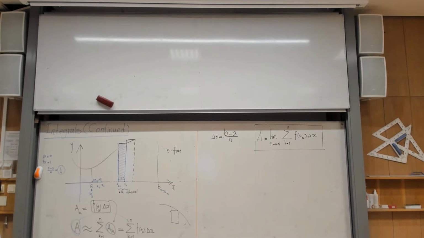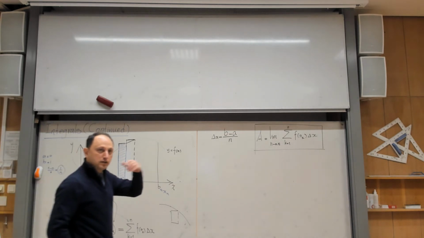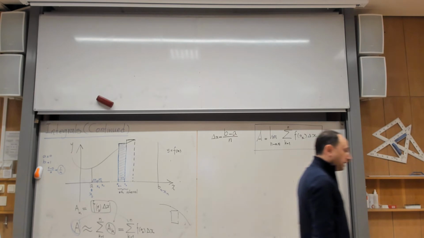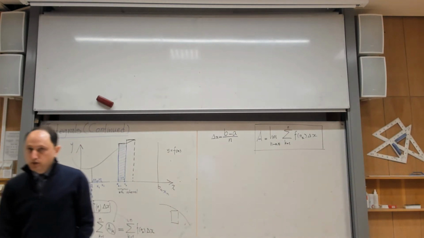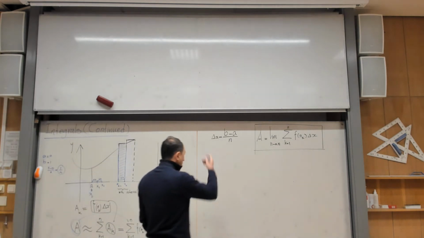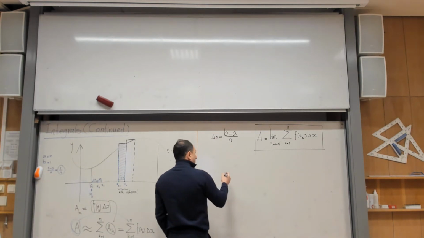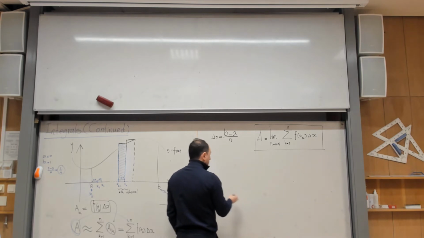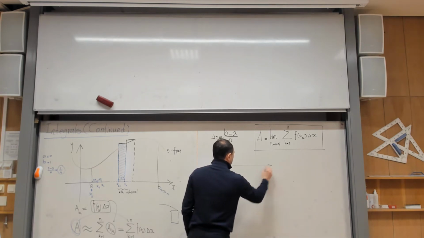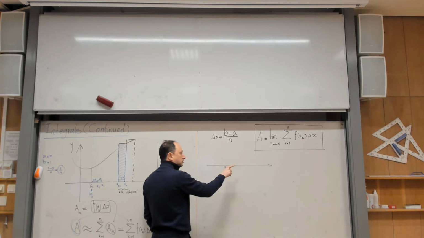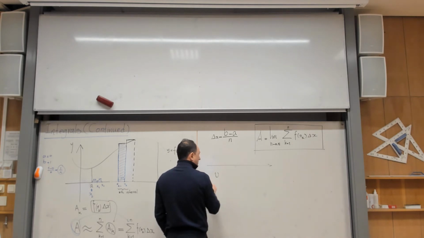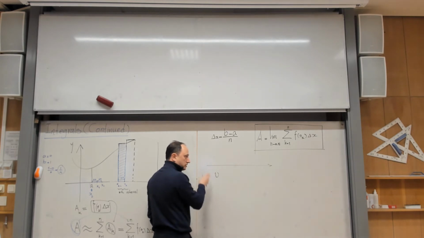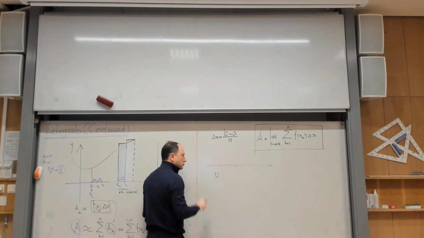Okay, forget about this problem. Now let us go to a physics problem. Again, this is an extremely simple question. You have a particle, just for simplicity, moving in one direction, always to the right. I can talk about speed rather than velocity, because the particle is just moving in one direction.